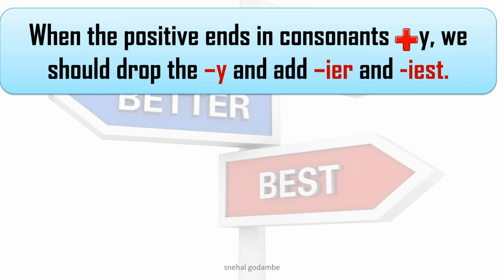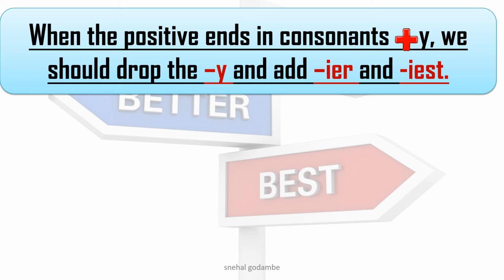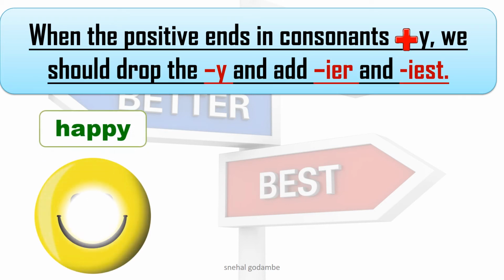Let's learn the next rule. When the positive ends in consonant plus Y, we should drop the Y and add IER and IEST. Suppose at the end of the word, it is consonant plus Y, then we have to drop that Y. For example, see here, happy.